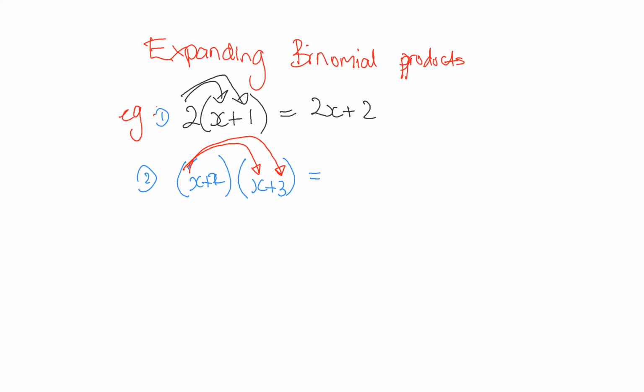That's our first step. Okay? Then you take the second variable in the first bracket with the first variable in the second bracket, and you do the second variable in the first bracket with the second variable in the second bracket.